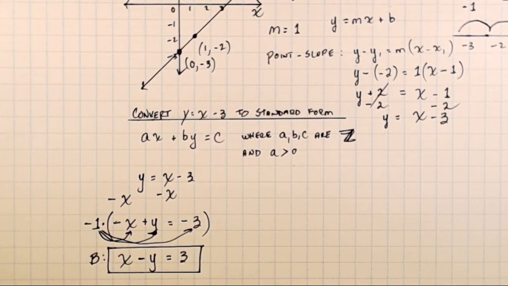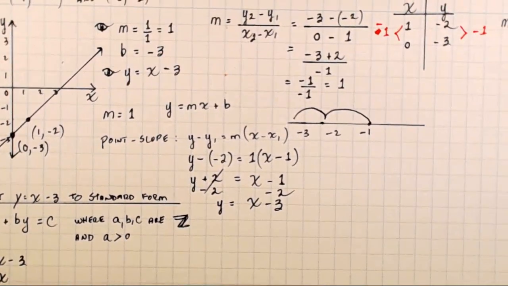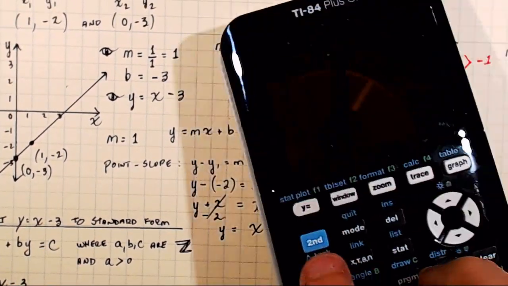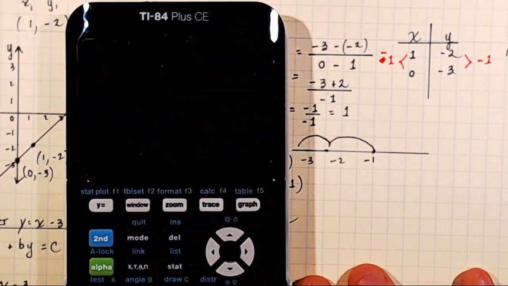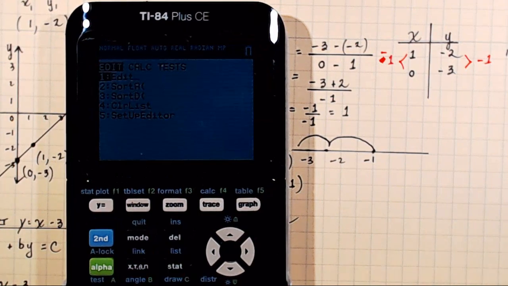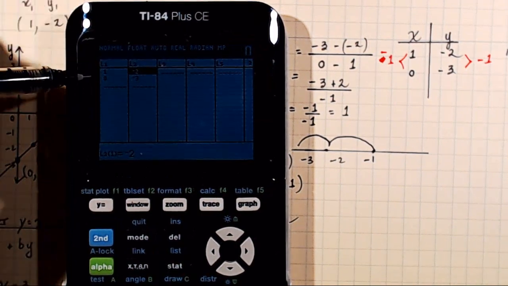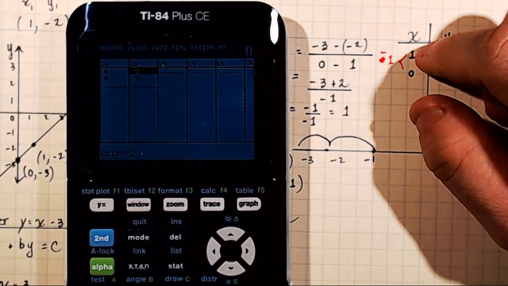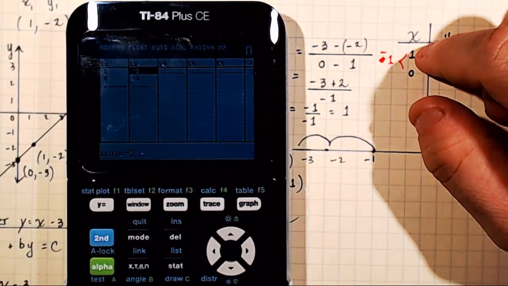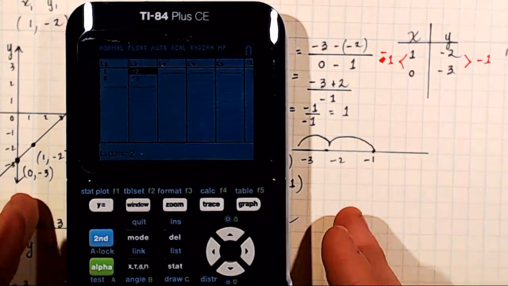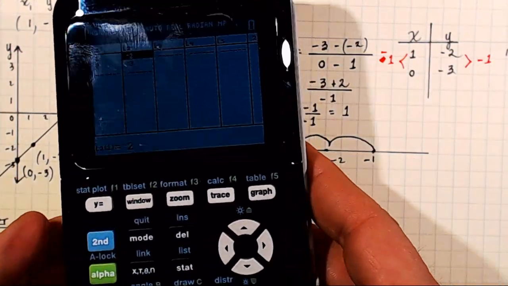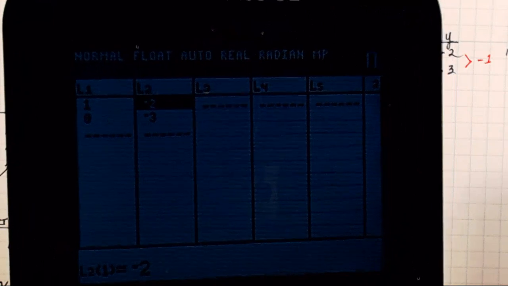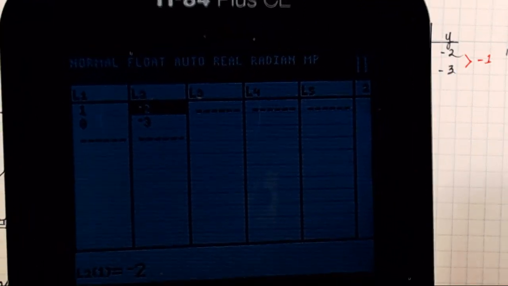All right. Now again, if you were wanting to roll through this problem quickly on the calculator, you enter your data under Stat Edit. Put in your L1 and L2 data.